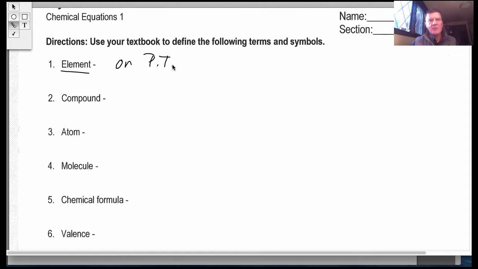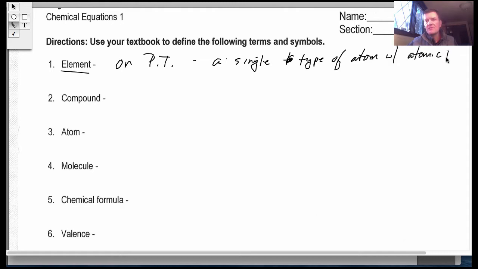On the periodic table, and they have a single type of atom. All right, so as one type of atom has a unique number of protons, okay, with atomic number. Remember, that's the number of protons. So every element has its own unique number of protons.